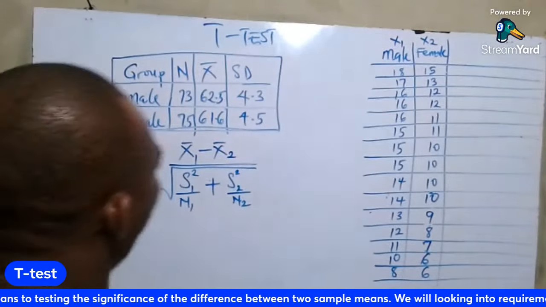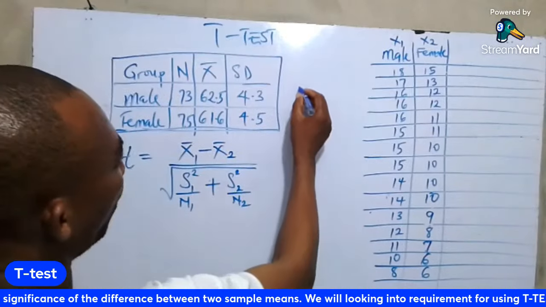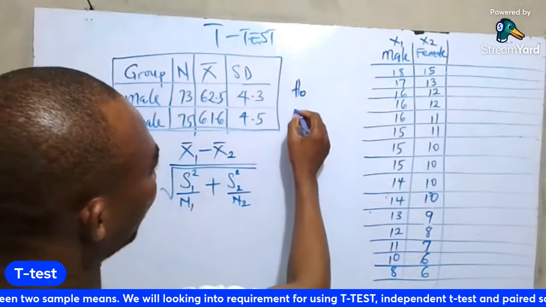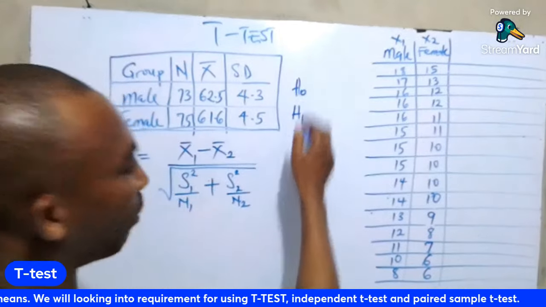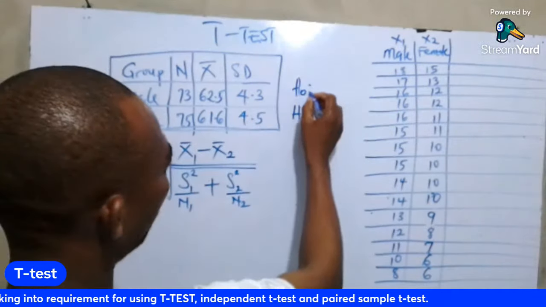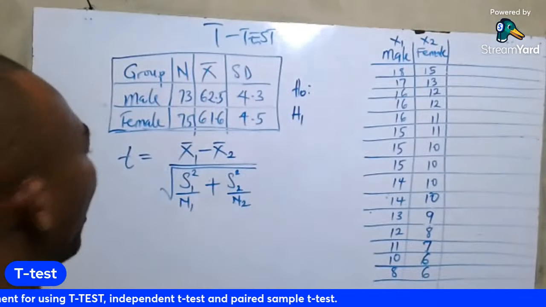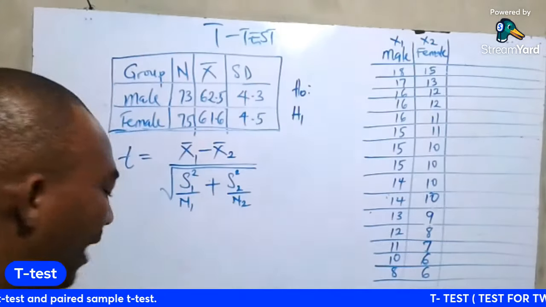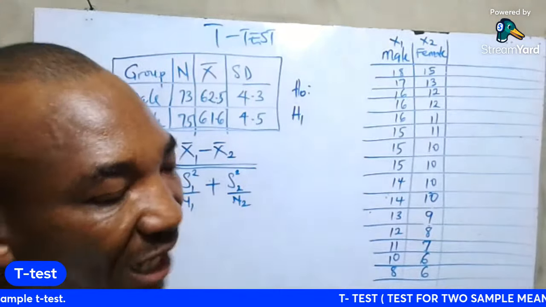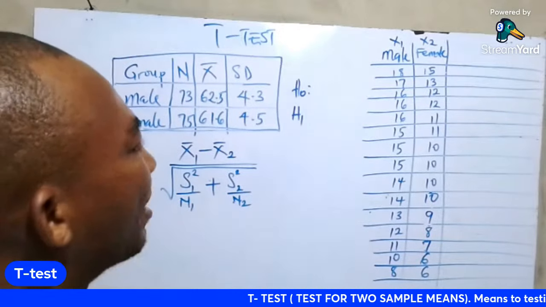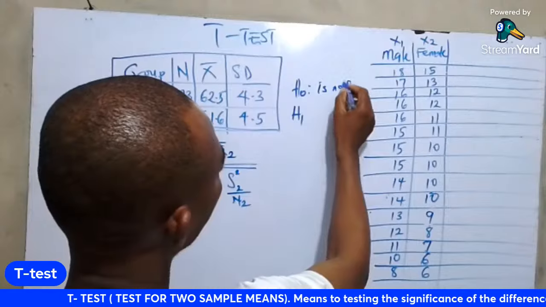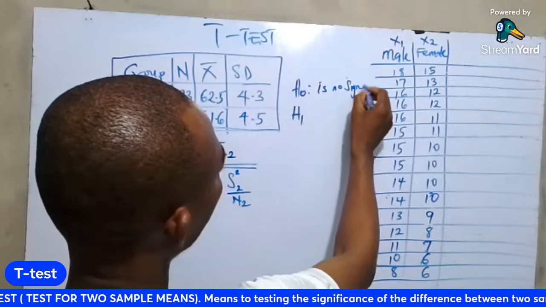Of course, don't forget that the first thing to do is to set your hypotheses: the null hypothesis and the alternative hypothesis. Since the researcher is investigating the gender difference in student achievement, the null hypothesis says there is no significant difference.